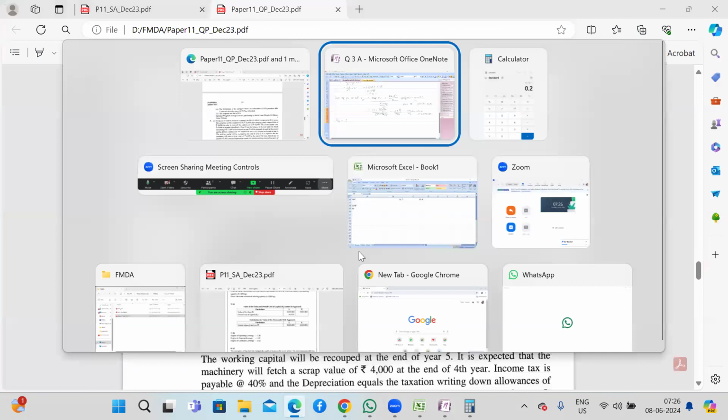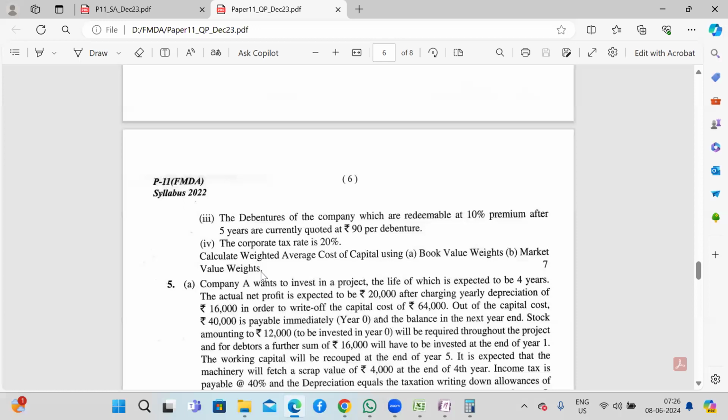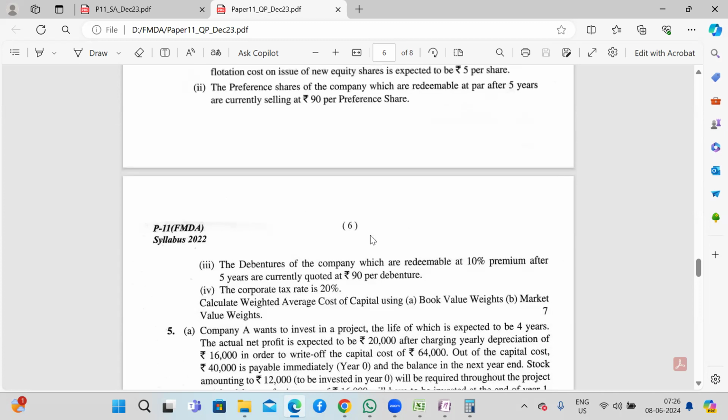So the same formula which we used for preference share capital, we are going to apply here also: interest plus (RV minus NP) divided by N, divided by (RV plus NP) divided by 2. So what is the redeemable value here? We are going to redeem at 10% premium, and currently quoted at 90 rupees per debenture.